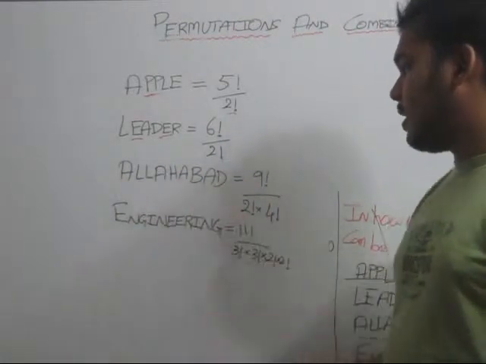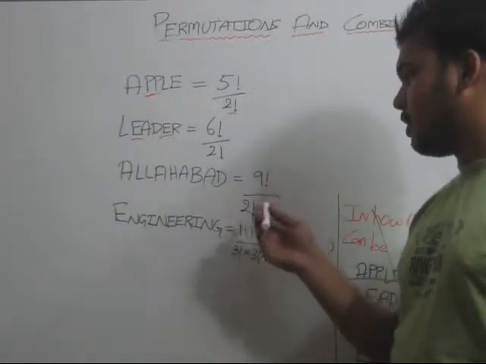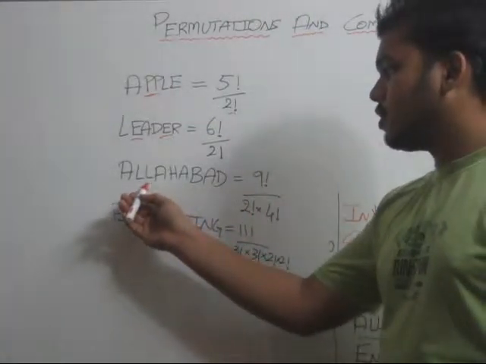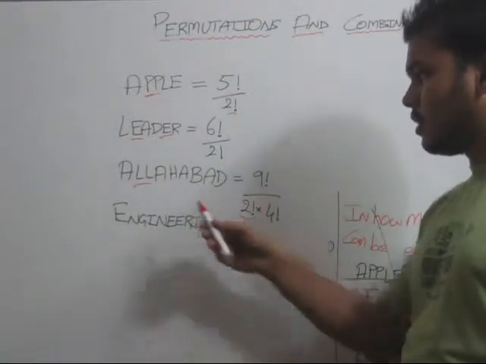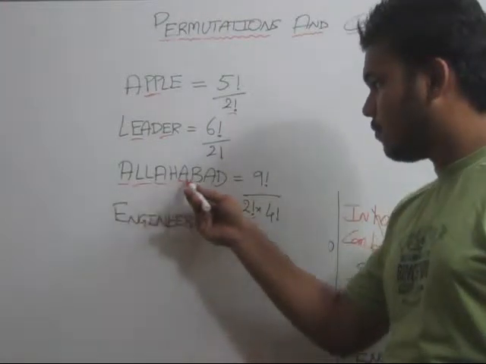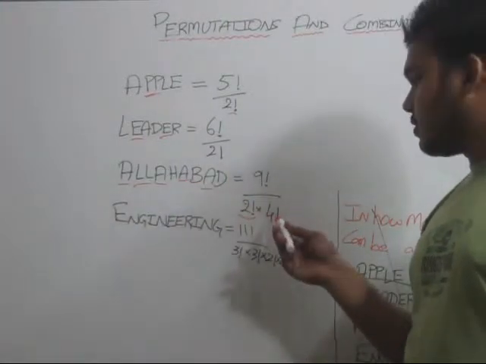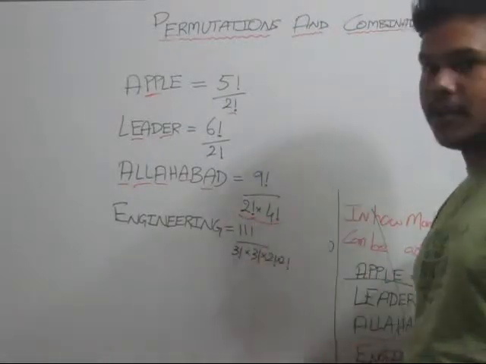In the word Allahabad we have a total of 9 letters, so 9 factorial divided by the repetition of letter L, which is 2 times, and the repetition of the letter A, which is 4 times, that is 2 factorial into 4 factorial.